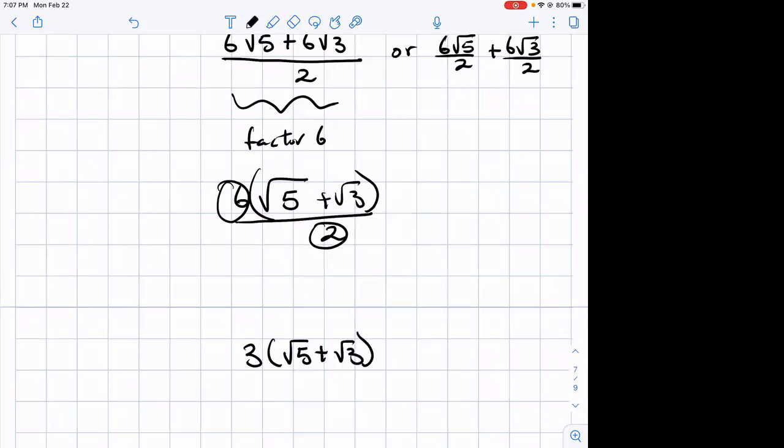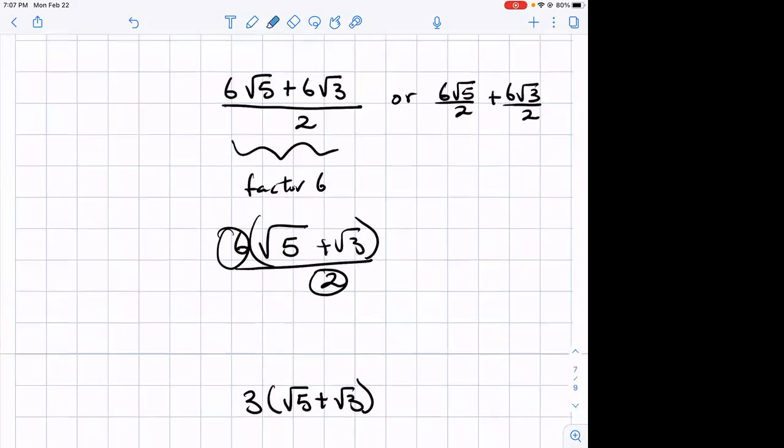And notice that if you did that here, okay, the 6 is divisible by 2, so you get 3 root 5, and the 6 here is also divisible by 2, okay?